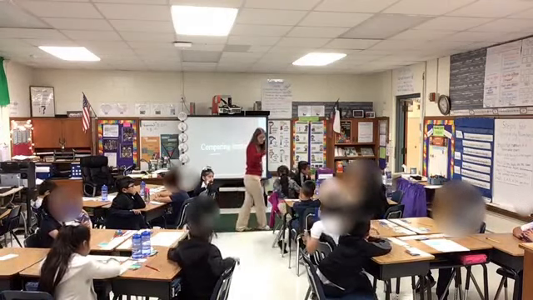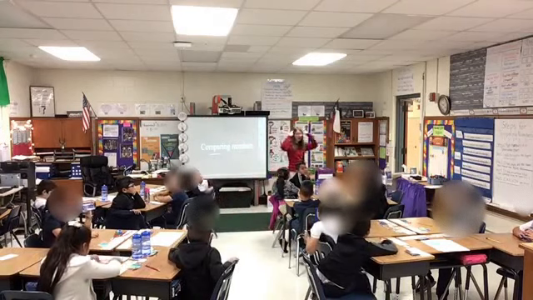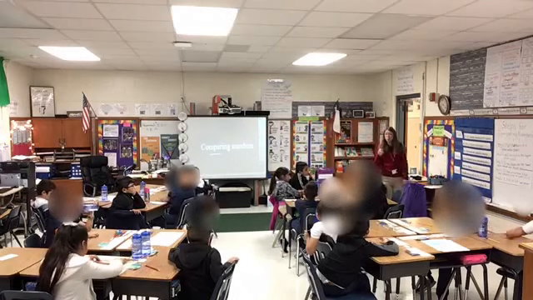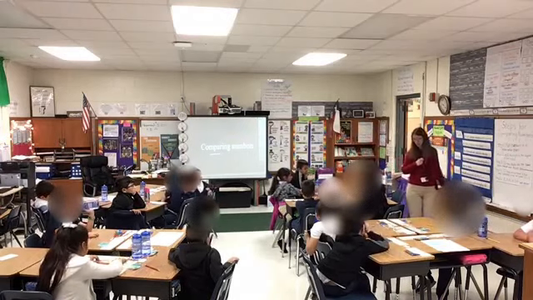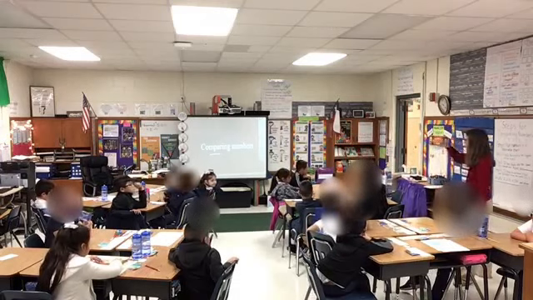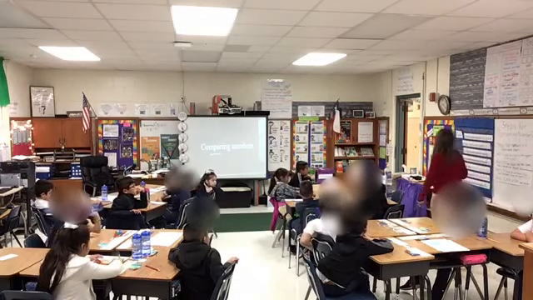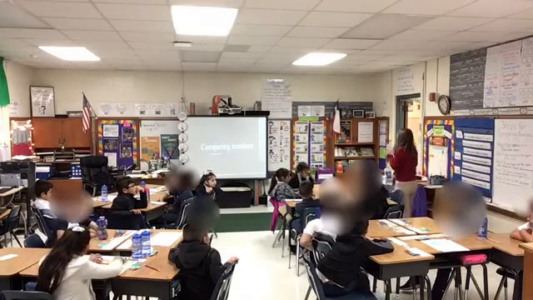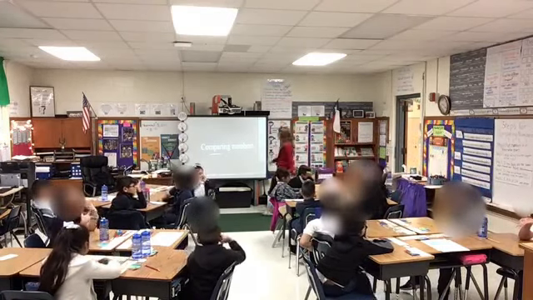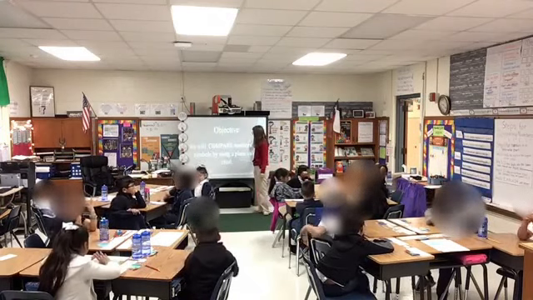You're exactly right. So this looks like a place value chart. That helps me remember. That's my strategy. That's how I'm comparing numbers today. Okay? So we will compare numbers with symbols by using a place value chart.